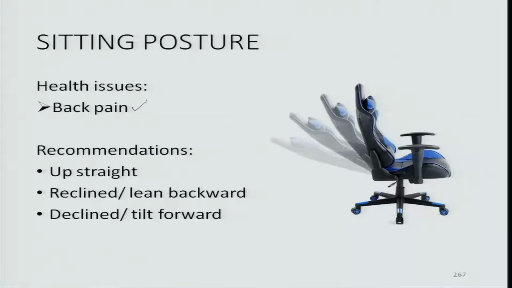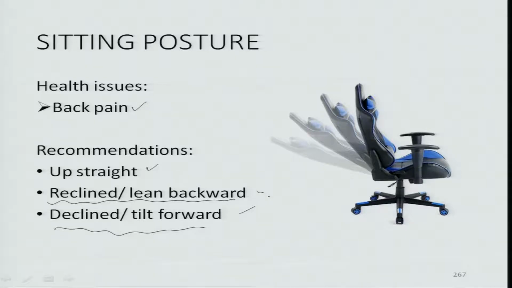Some recommendations are that they should be sitting up straight, and there should be guidelines for the working height, or the span of height up to which the chair could be adjusted. There could be something related to reclining, how much leaning backward is allowed. There is also some forward tilt which is allowed, and the standards associated with seating posture should typically address almost all these issues.